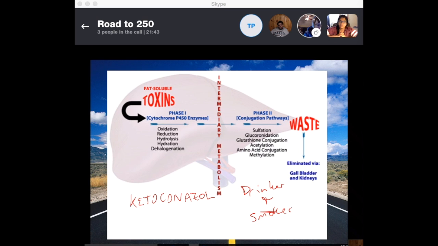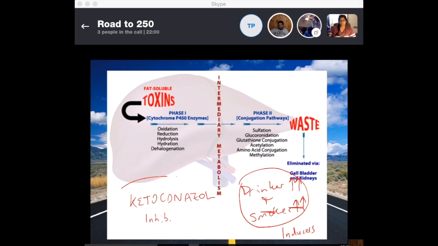So ketoconazole is an inhibitor, but these two are P450 inducers, meaning smoking and drinking will increase the metabolism of ketoconazole, meaning there will be decreased amounts of ketoconazole.